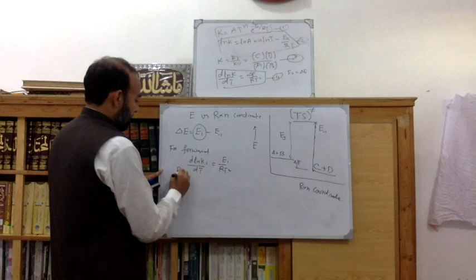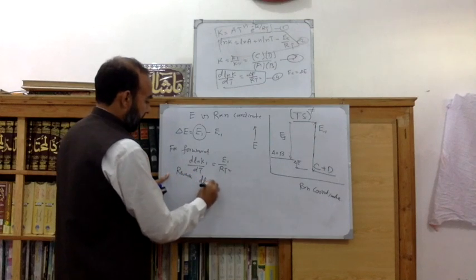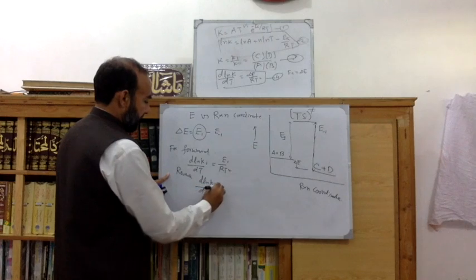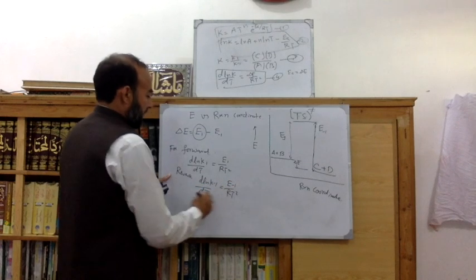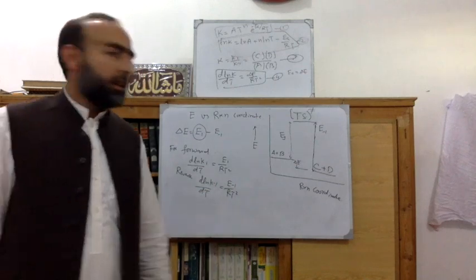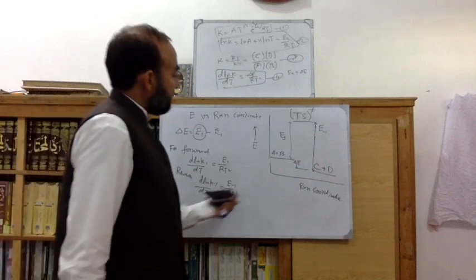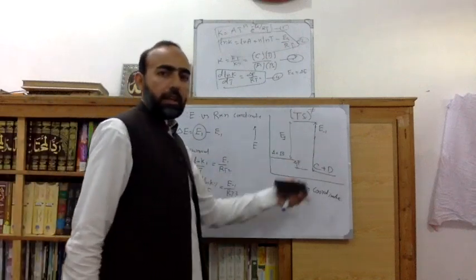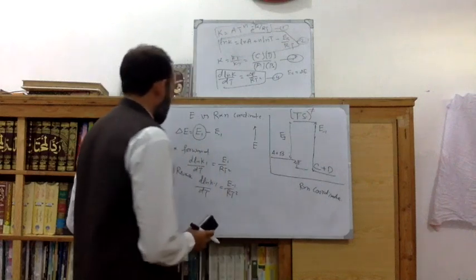Similarly, for reverse, we can write d ln k inverse over dT is equal to E inverse over RT squared. So it is independent of which direction the reaction is going, but the transition state is always the same, whether it is formed from product or the reactant.